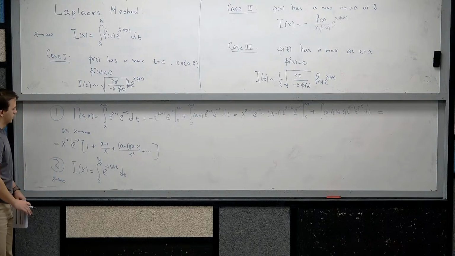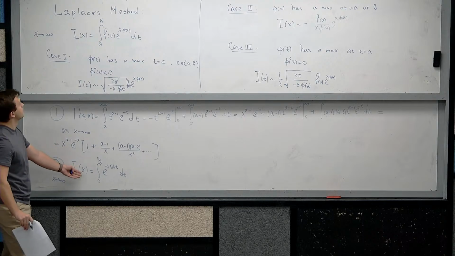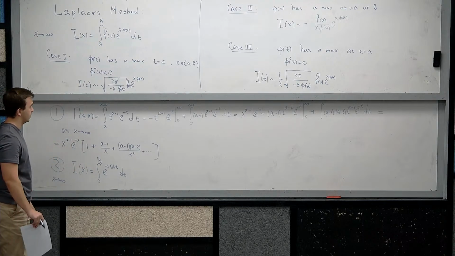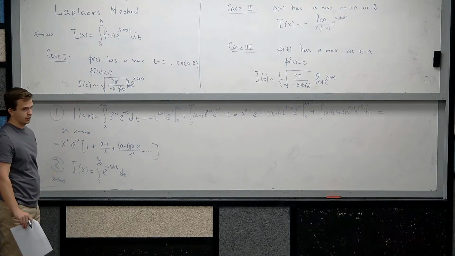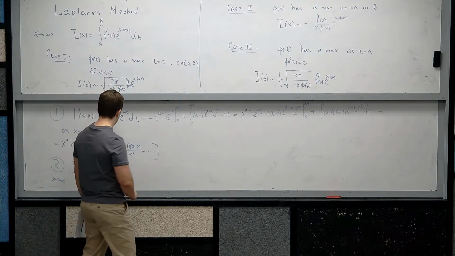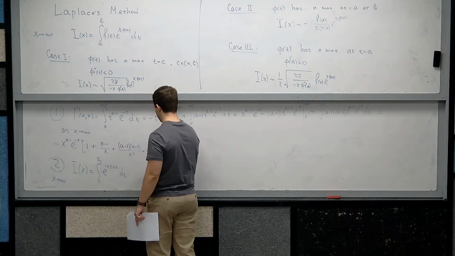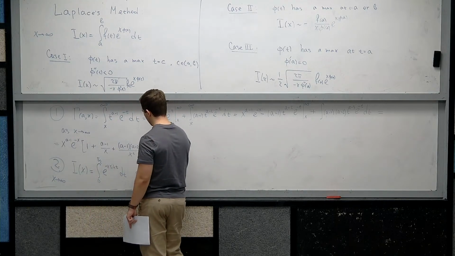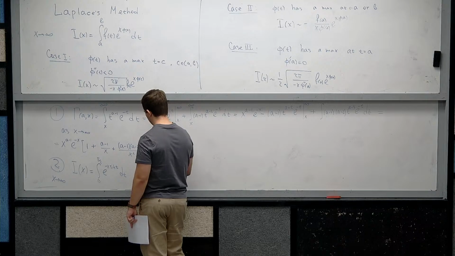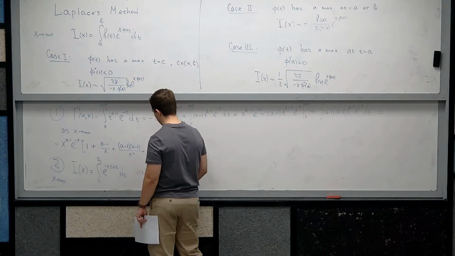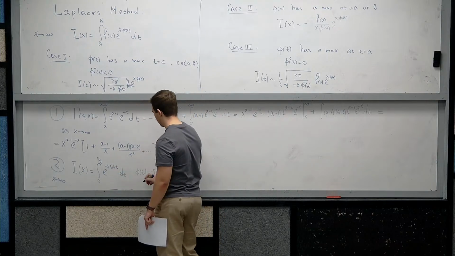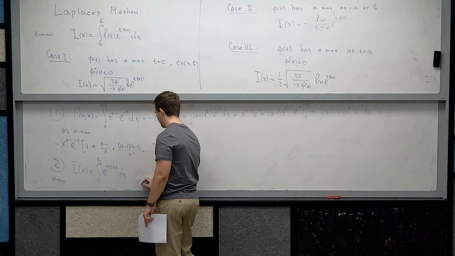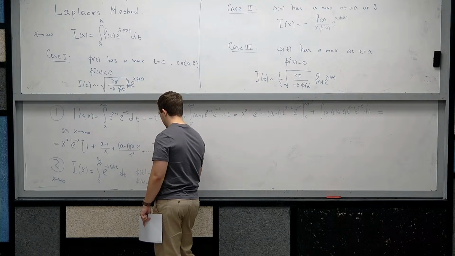This is the Laplace integral, and it's case 2, because phi of t here is minus sine t. The maximum here is at t equals 0, so phi prime of t is minus cosine t.